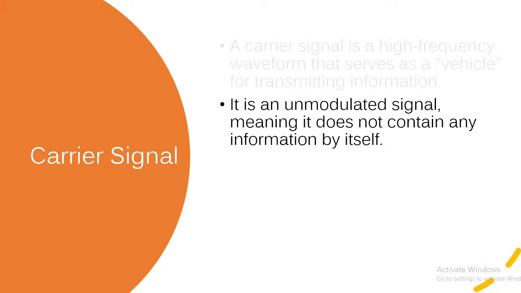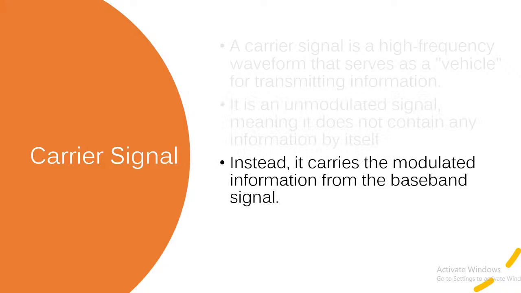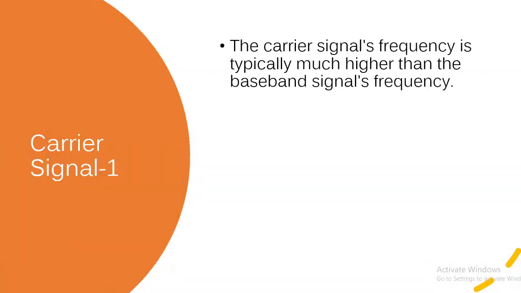This is an unmodulated signal in its pure form. The vehicle, when you have not entered it, is unmodulated. When you have not put the baseband signal on the carrier signal, it is unmodulated, so it does not contain any information. Once the baseband signal is imposed on it, it will carry the information.